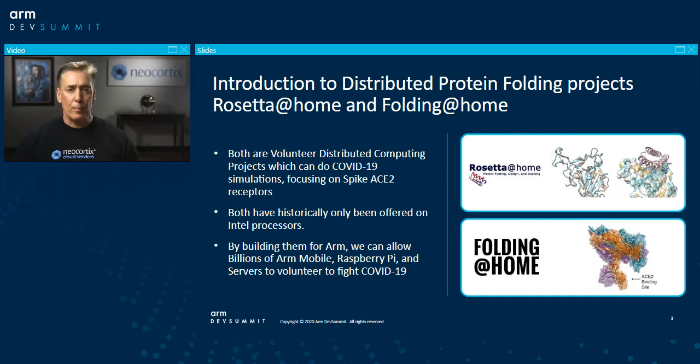The Folding at Home project is more concerned with molecular dynamics, and so that is how do the molecules move over time, and that enables particular analysis of drug discovery, because these molecules can create different receptor sites which can open and close over time.